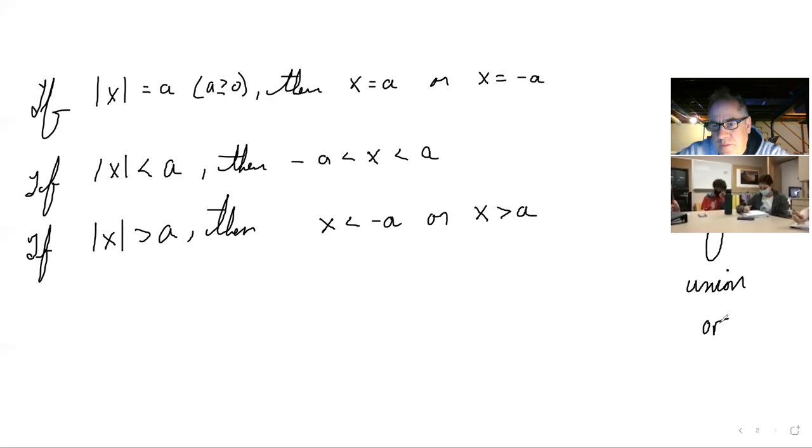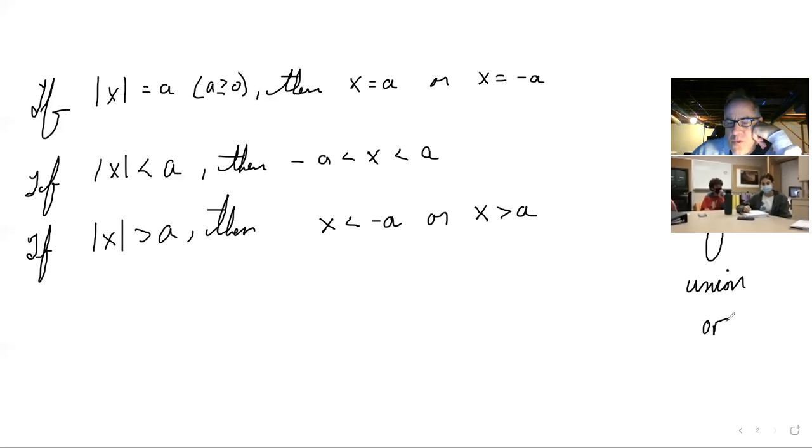To be in the union of two sets, you just have to be in one set or the other. And so when you solve these inequalities, you're basically going to solve two inequalities. Those two sets are going to be disjoint. That means they have nothing in common, but it's a union. And when you input the answer into MyMathLab, and you click in the field and get the toolbar, you will have a union symbol.